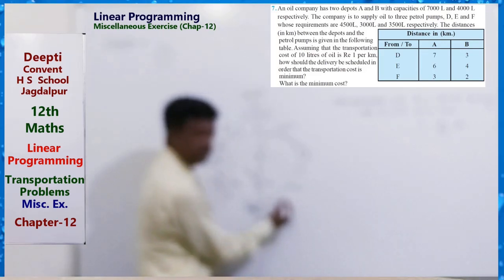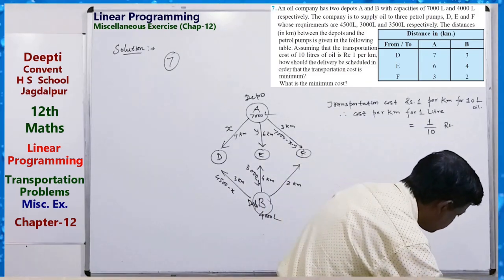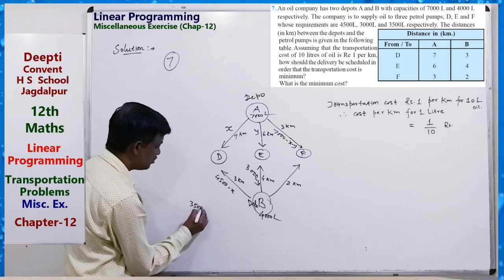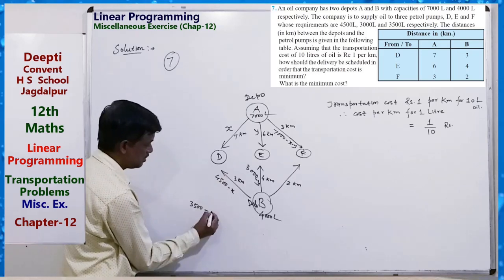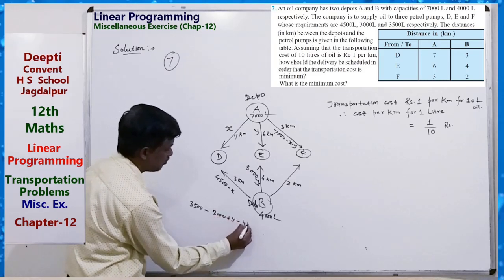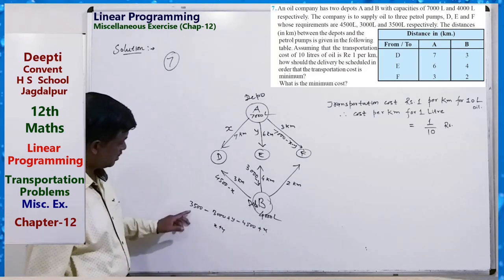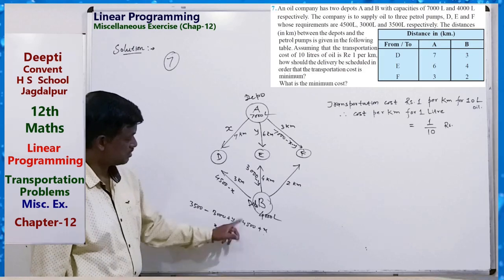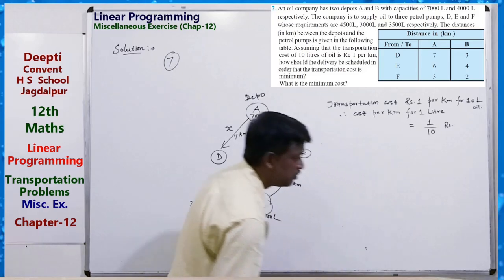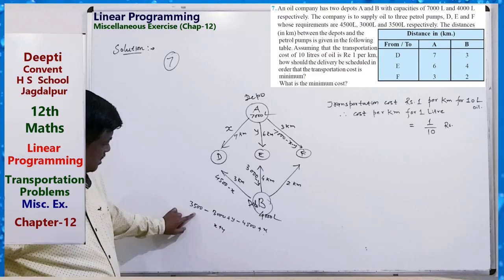Here, F requires 3500 liters. So 3500 minus 3000 plus y minus 4500 plus x. So x plus y, just 3000 plus 4500 minus 3500, means x plus y minus 4000.